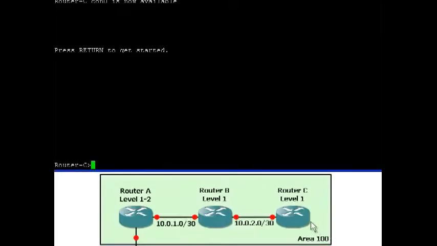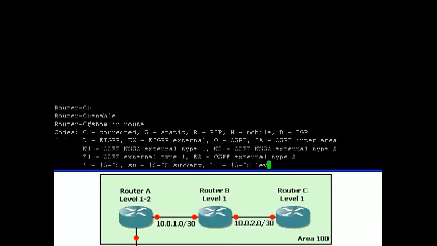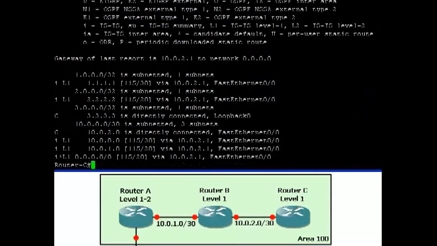Now we're looking at the terminal window of router C. Let's take a look at the networks that router C knows about. We can see that router C knows about the loopback addresses of routers A, B, and C, which are in area 100, but it does not see the loopback address of router D, which is in area 200.